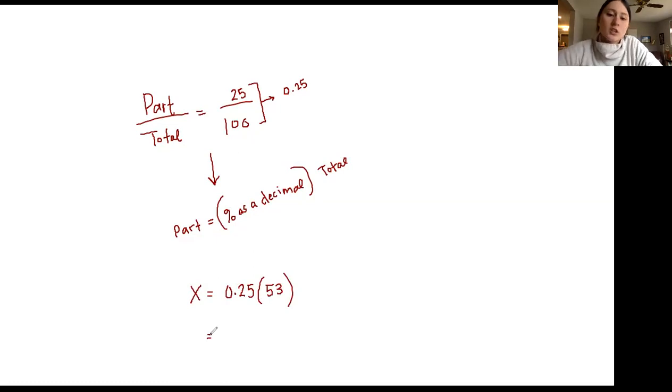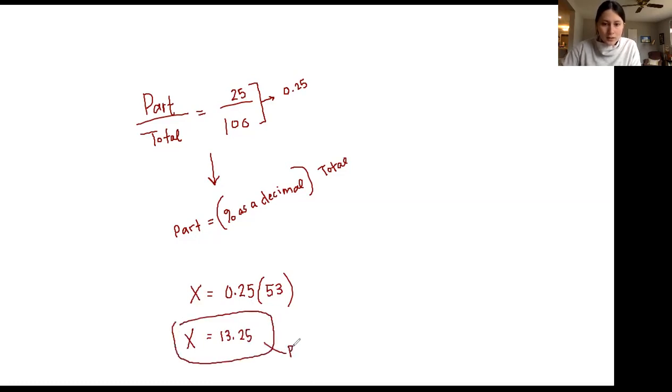So I could literally just plug this in my calculator, 0.25 times 53. And I would get an answer of 13.25. And so 13.25, that's the part. If I wanted to describe it as a fraction, 13.25 out of 53 is 25%.